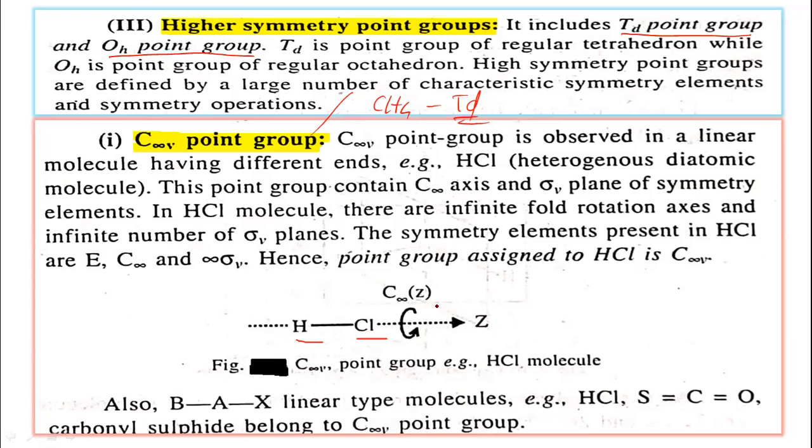Now what is the order of the axis? Suppose the hydrogen atom is spherical. This is the hydrogen atom, and this is the chlorine atom, which is also spherical.